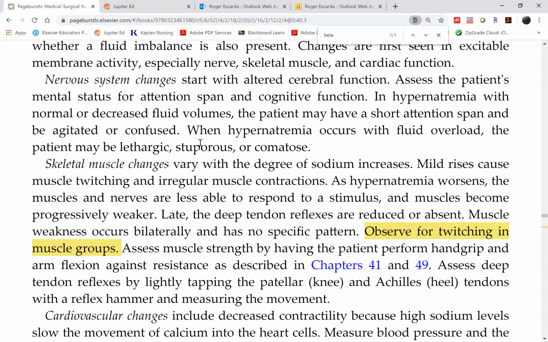So in hyponatremia, we saw cerebral edema and increased ICP. Here in hypernatremia, you have higher sodium levels in the blood. What will happen to the brain cells? Will they also be swollen or shrunken?